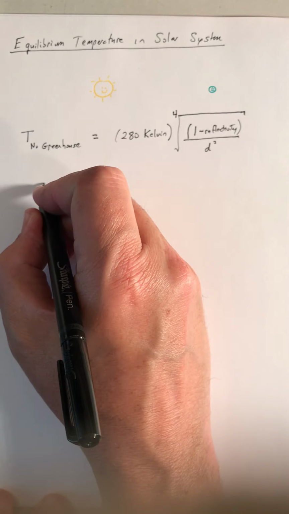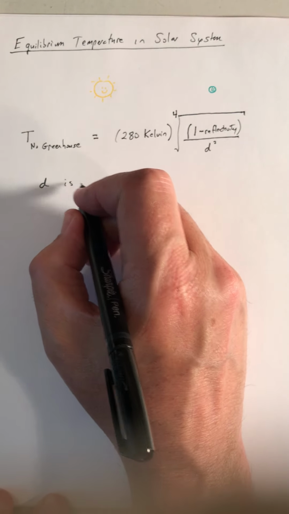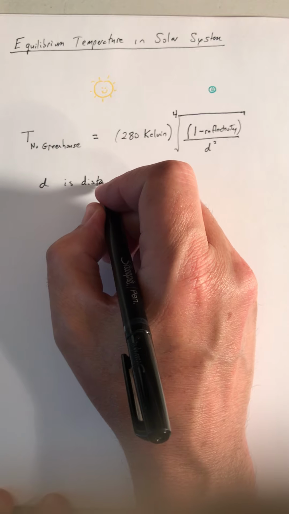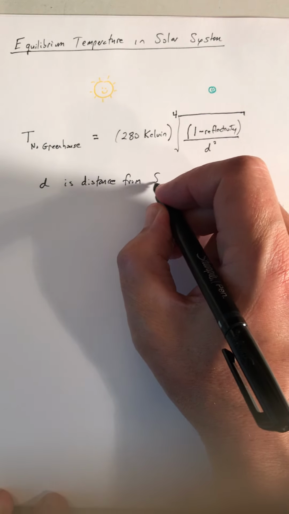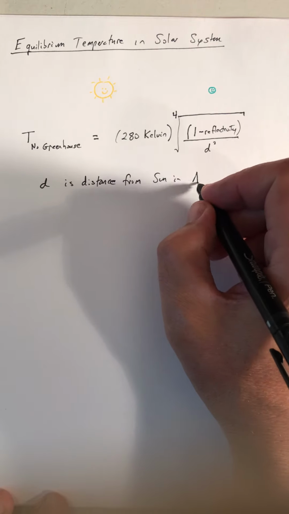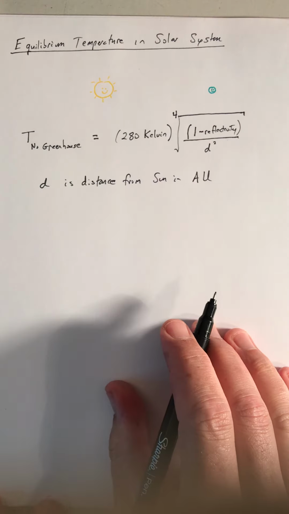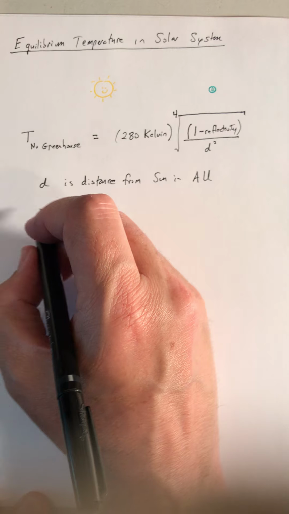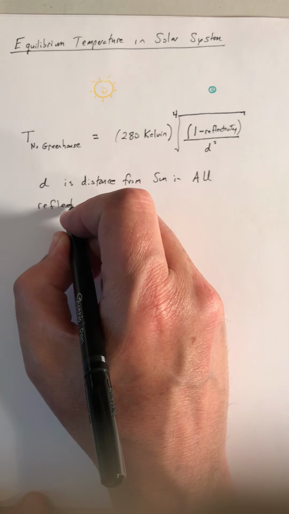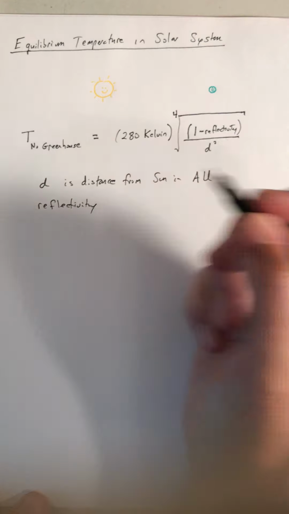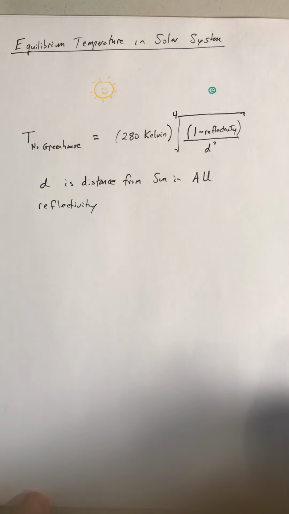And d is the distance from the sun in astronomical units. Reflectivity, in the way your book writes it out, is not even given as a variable. We're just going to leave it as a word.